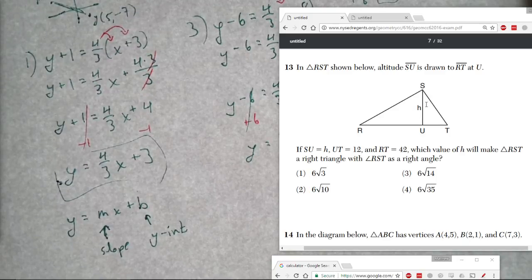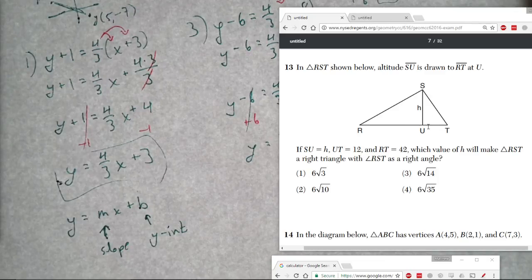These three triangles, the little one UST, the medium one USR, and the giant one SRT, are similar as long as this is a true altitude and this angle over here is right.